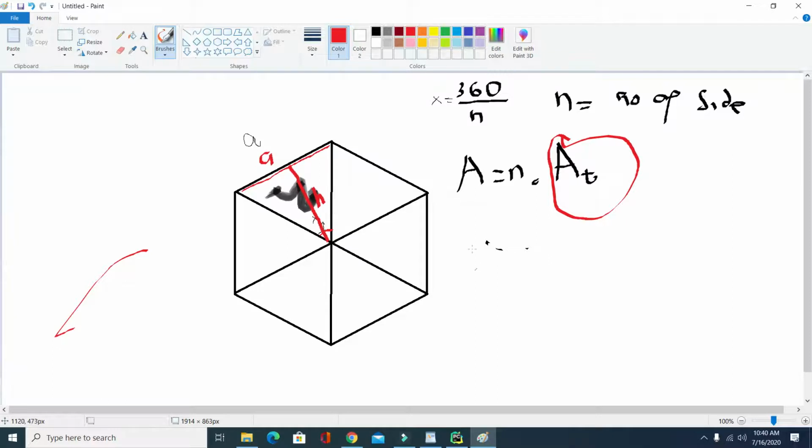AT is equal to 1/2 times a times h, right? Alright, so now we have to calculate h because we don't know h.